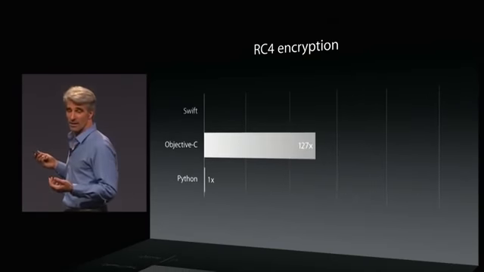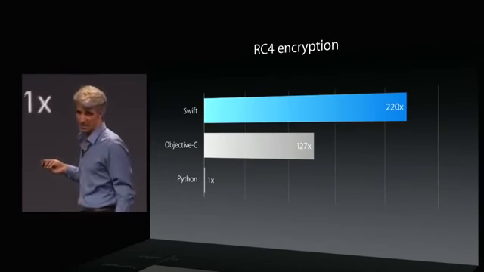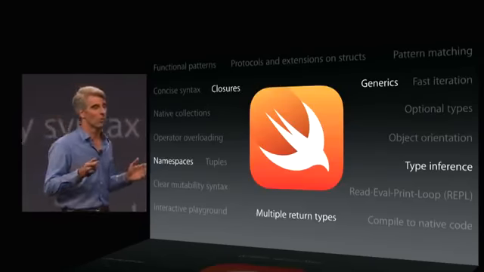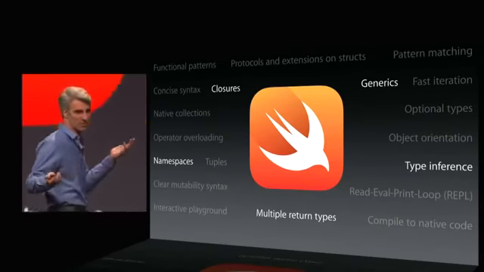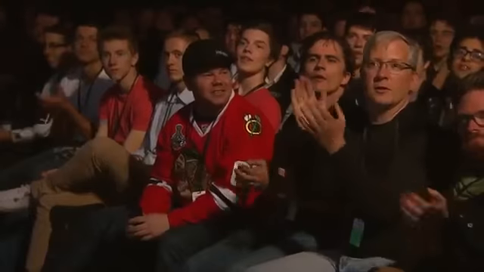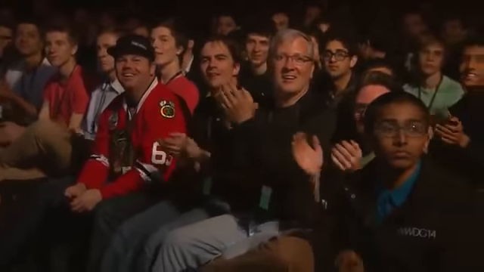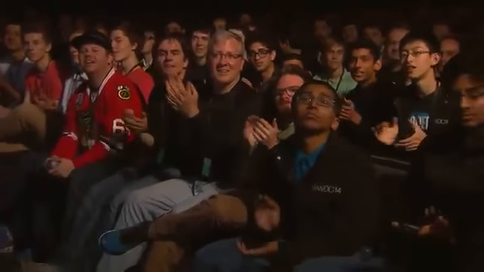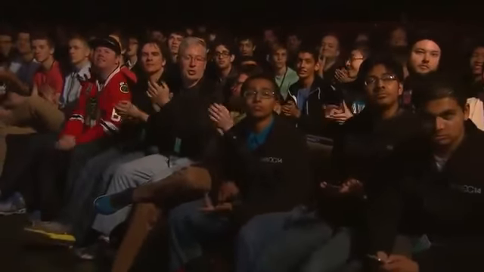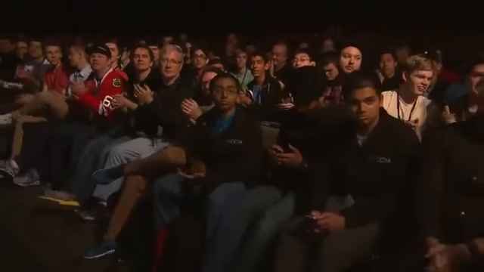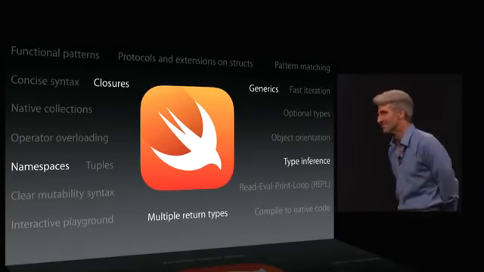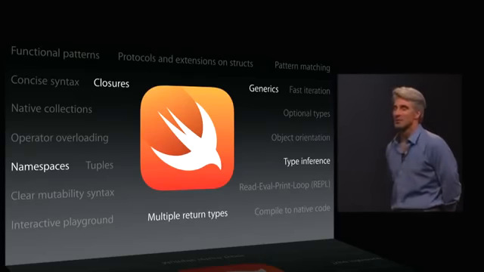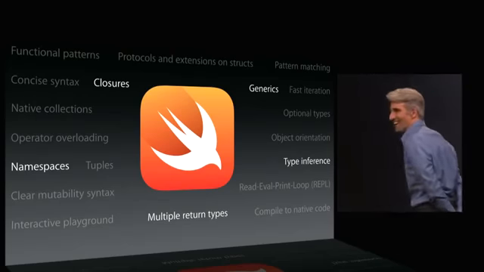But look at Swift. Now, Swift is also modern with features like closures, generics, type inference, multiple return types, and namespaces. You know how many people at home are going, what in the heck are these guys talking about?